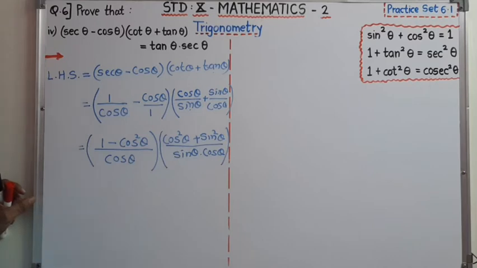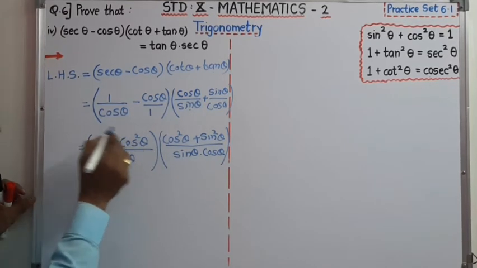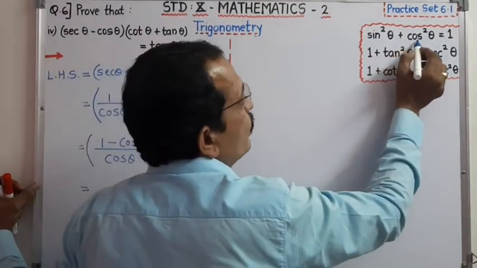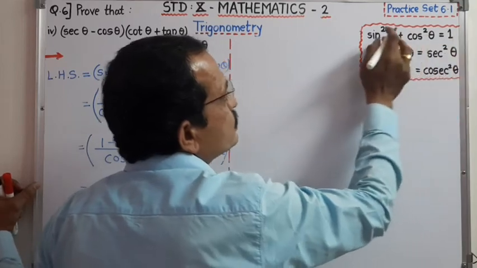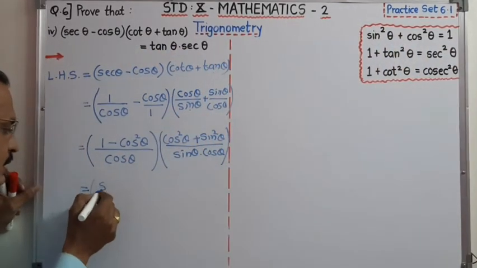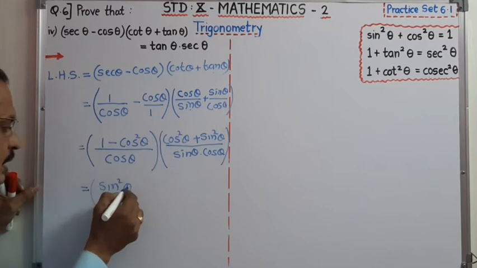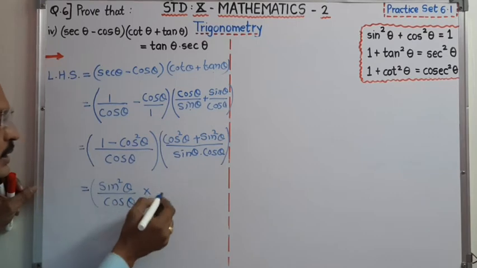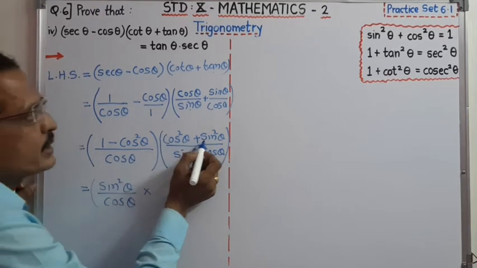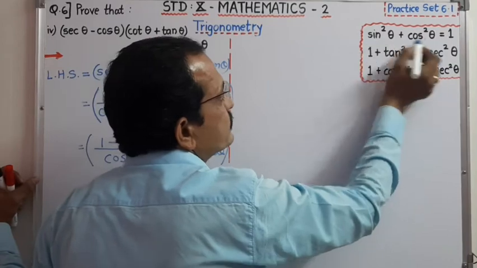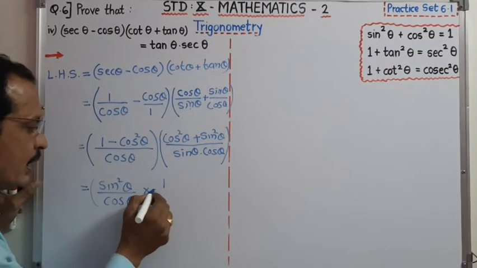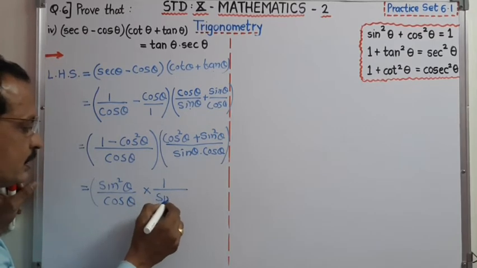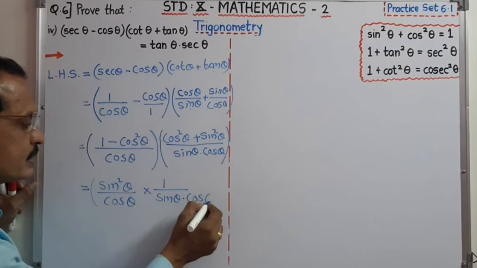Now dear student, see here, 1 minus cos square theta means we can write here sin square theta upon cos theta into, see dear student, this cos square theta plus sin square theta is equal to 1, and here it is sin theta into cos theta.